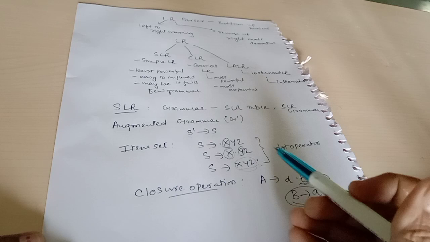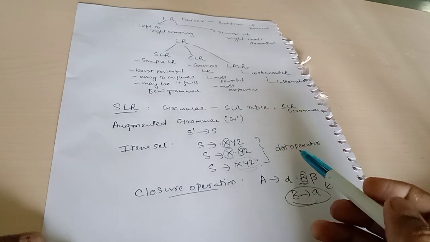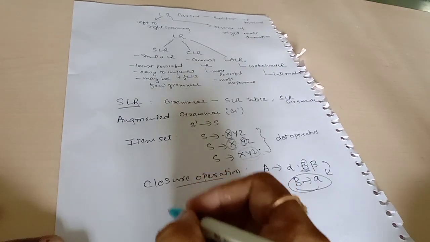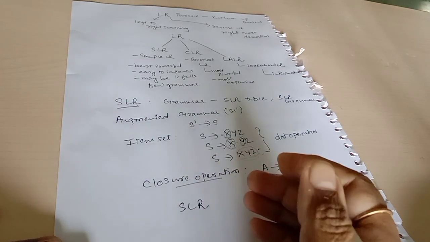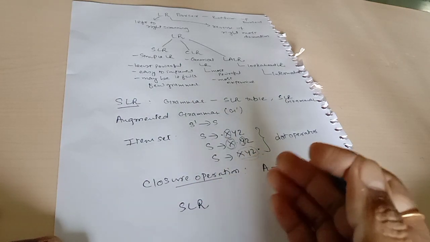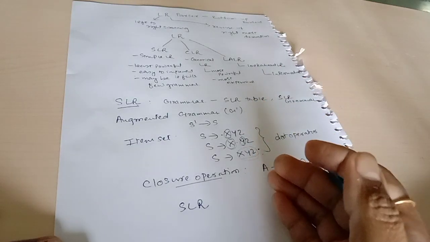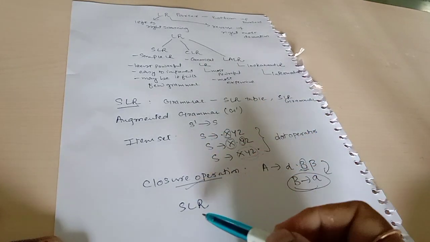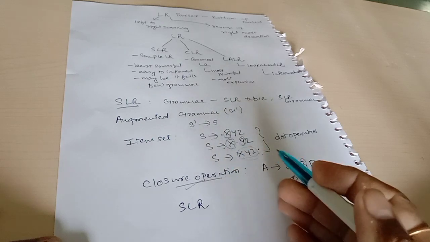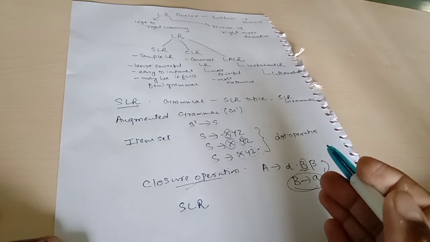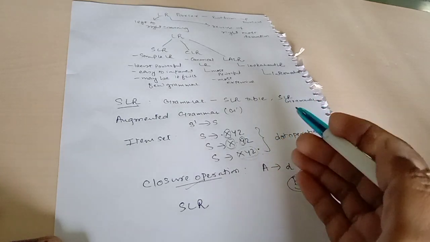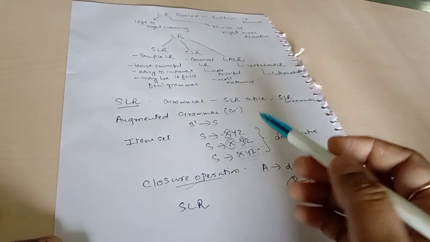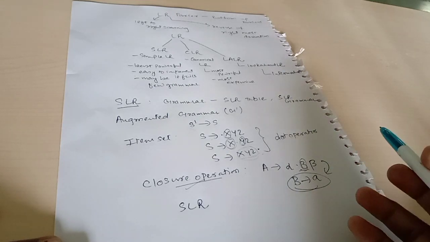After identifying the different item sets and setting them on different states, we have to create one table of SLR. The table is the same in CLR and LALR. All these three things, that is item set, closure operation and creation of table, will remain the same in all the categories of the parser, but their creation of a table and their item set recognition will be different as the technique gets different.